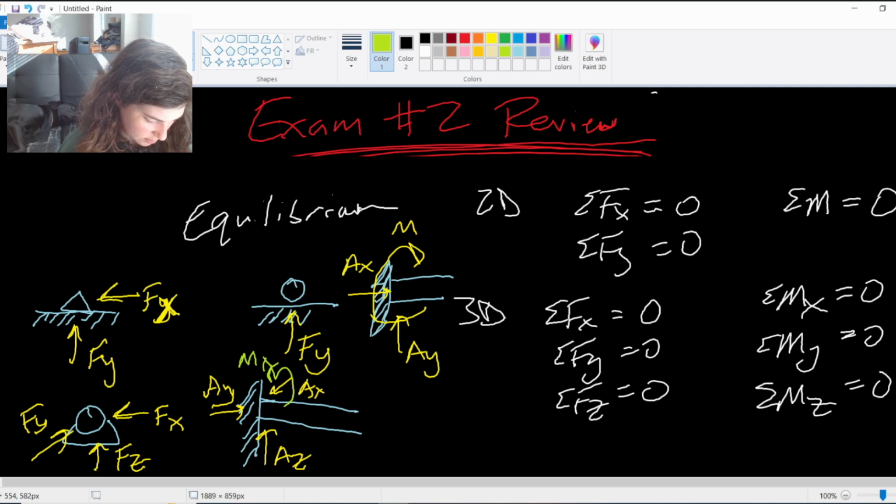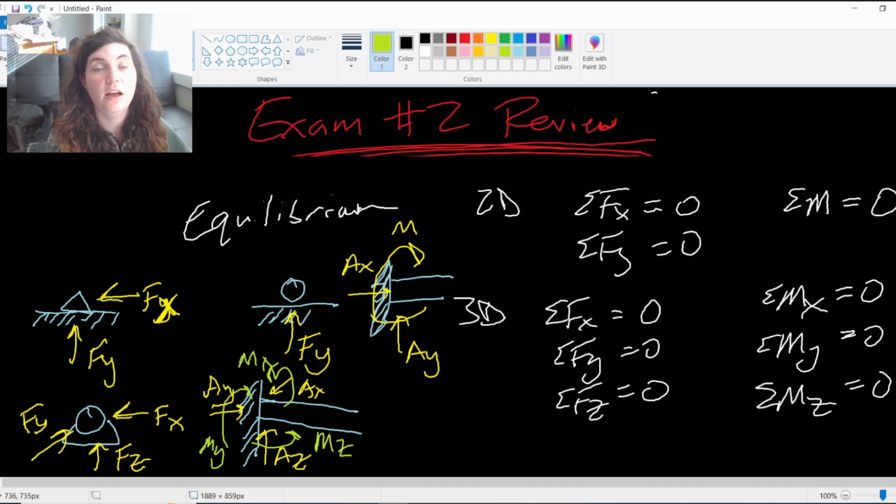Moment about the X, moment about the Y, moment about the Z. And we use right-hand rule for these 3D ones to determine correct positive direction. So knowing how to apply the right-hand rule here, knowing what the reactions look like at these standard supports here, that is something that you will need to know. It would also be very helpful if you can identify two force members. I won't ask you to explicitly, but it might help you solve some problems.